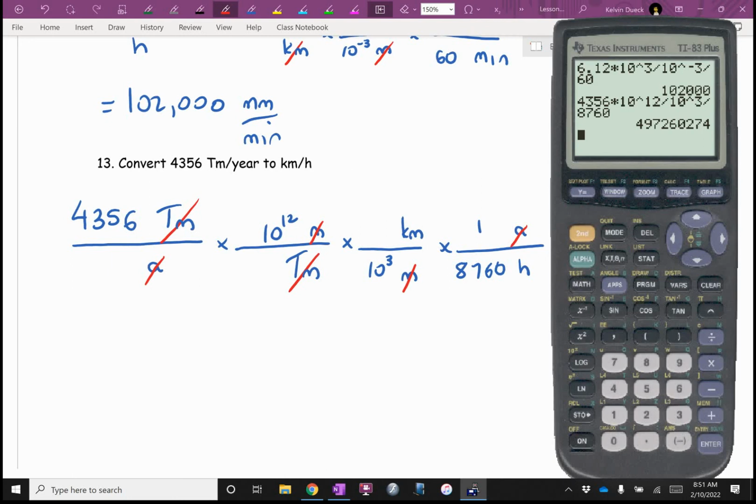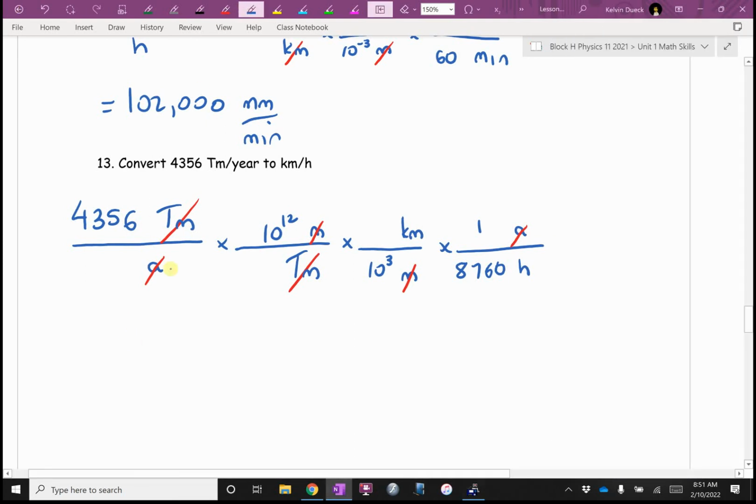I'm going to write it in scientific notation and I'm going to round off. How about 4.97 times 10 to the 8 kilometers per hour.